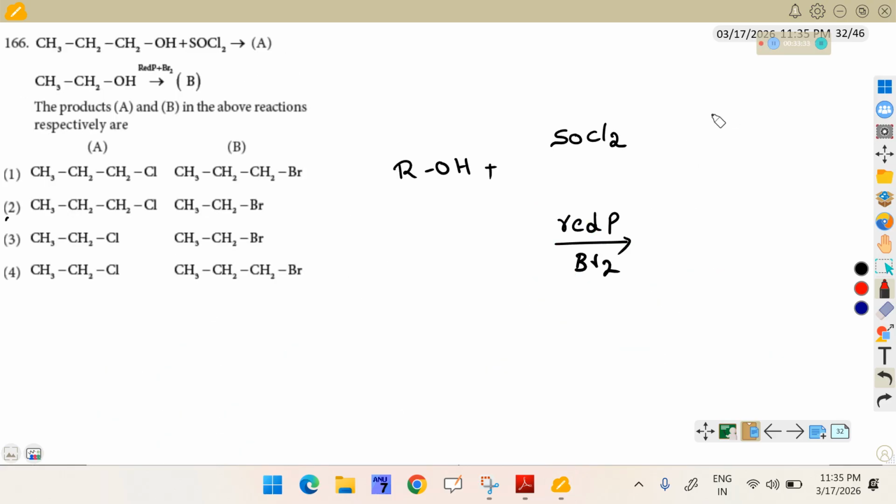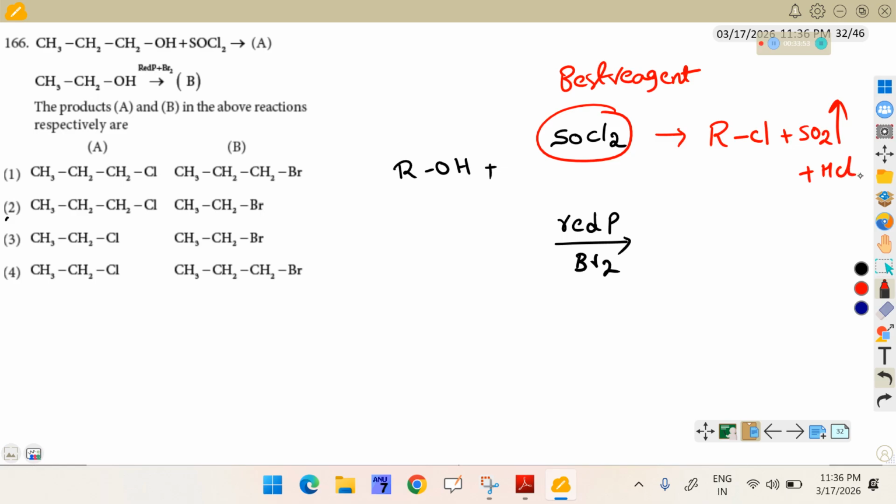Alcohols react with SOCl2, then it gives haloalkane RCl. SOCl2 is the best reagent to prepare haloalkane from alcohol because it gives gaseous byproducts.